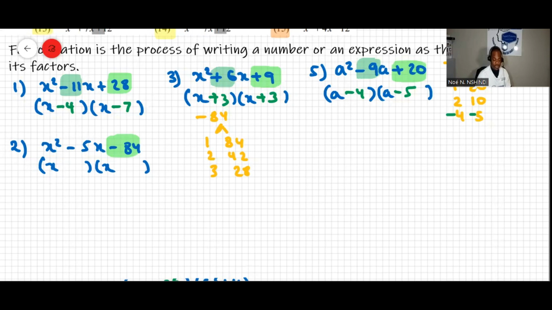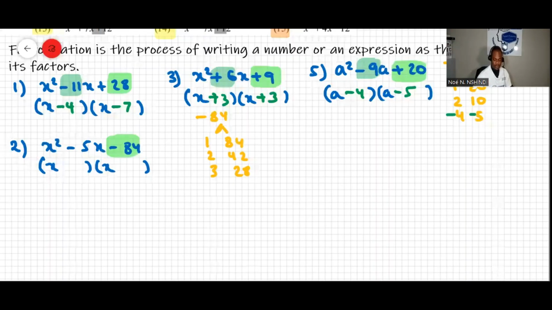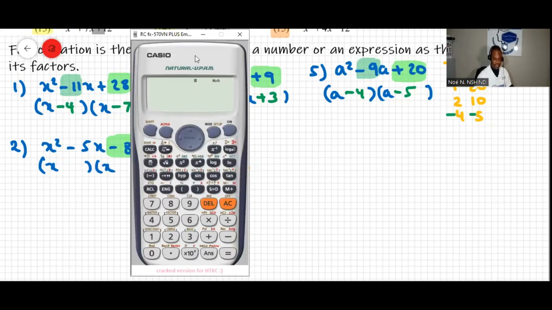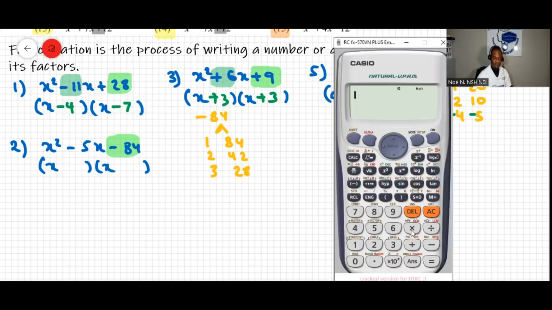If you're unsure, use a calculator. If I use a calculator, I will do it like this. You take 84 divided by 2, you see it's 42, and then you can change. Also, you divide by 3 and then see it's going to be 28, and then you change again, you divide by 4 and then see it's going to be 21.